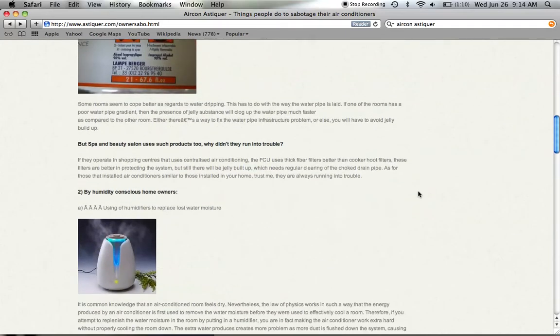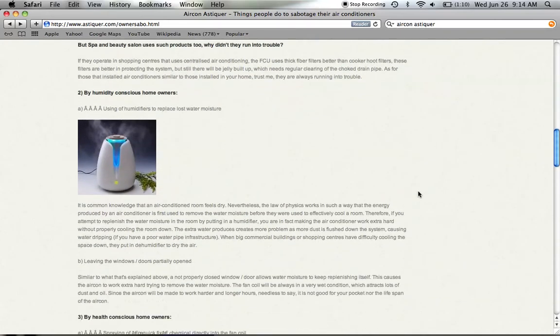The other common mistake that customers make is using a dehumidifier.